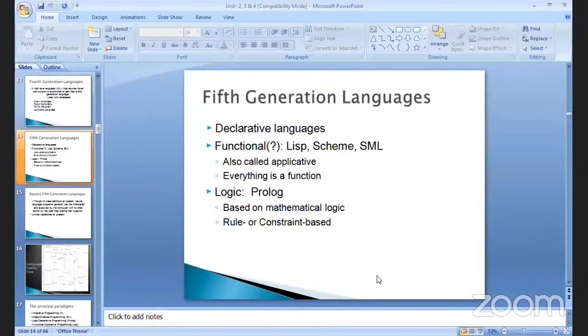A fifth generation language is a declarative and functional language. It is an interlinking language, and the programs may change with the use of this fifth generation language. It is also called an applicative language, and every function is done by it. It depends on mathematical logical programming, based on rules or constraints.